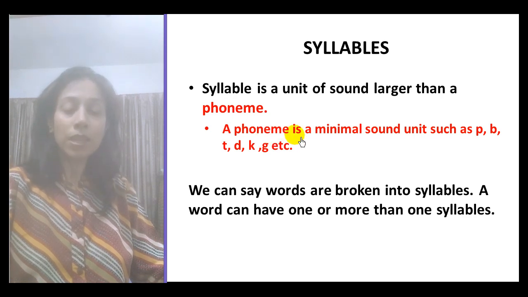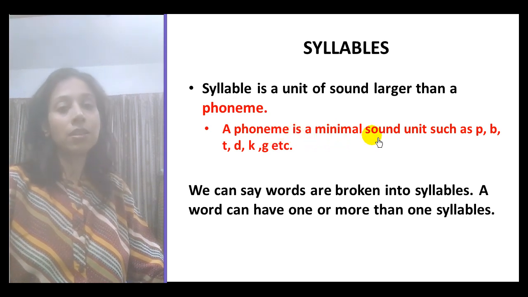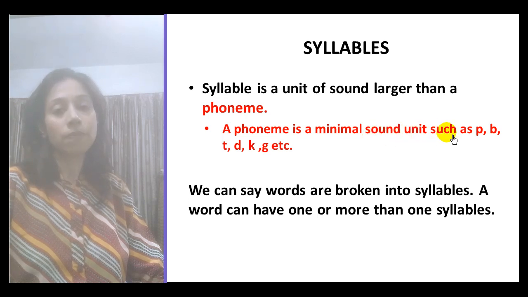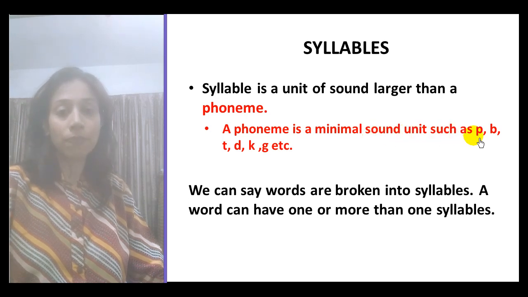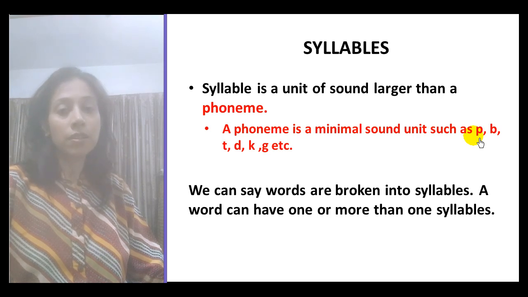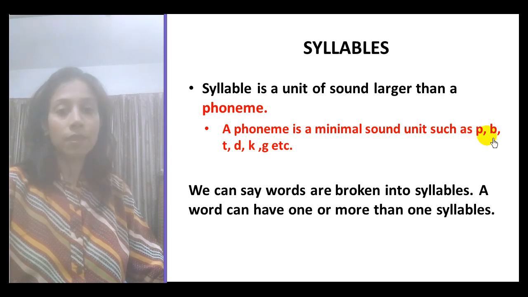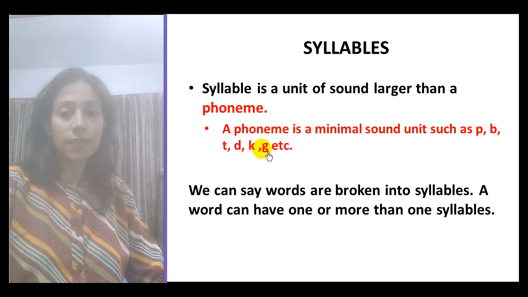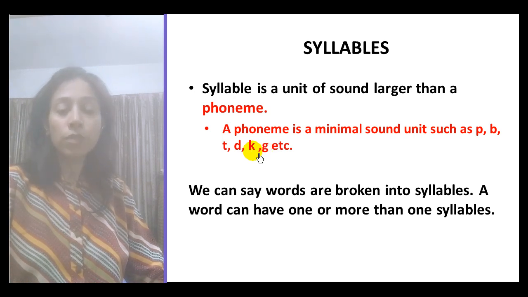A phoneme is the minimal distinctive sound unit in any language. If we talk about English, then we have the minimal sound units as, say, p, b, t, d, k, g. Each of these sounds forms a phoneme.